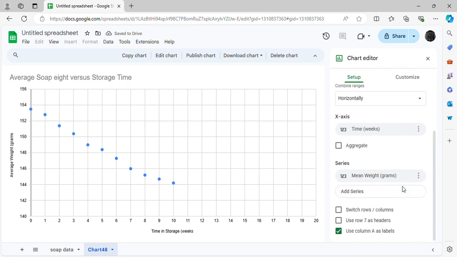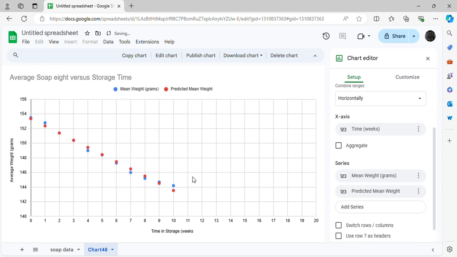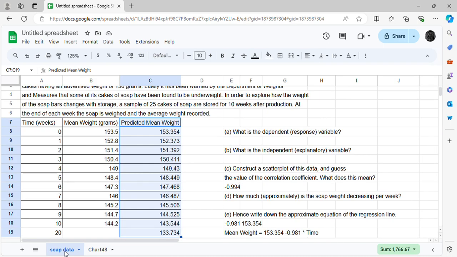Okay, let's add the series predicted mean weight. And for 20 it is 133.734.